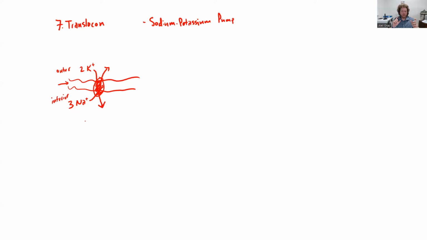So we're moving these two ions in opposite directions from one another, increasing the concentration of sodium ions on the opposite side from our potassium ions. Translocon is a pretty big class because multiple different enzymes and multiple substrates are involved in that whole process. But that entire complex is referred to as a translocon and ends up as that seventh classification.